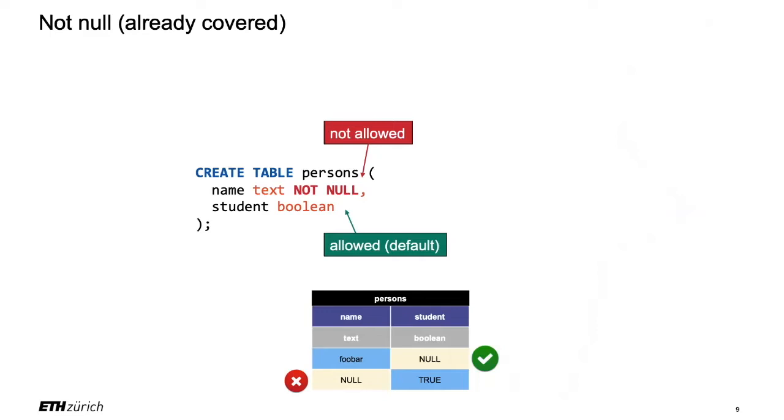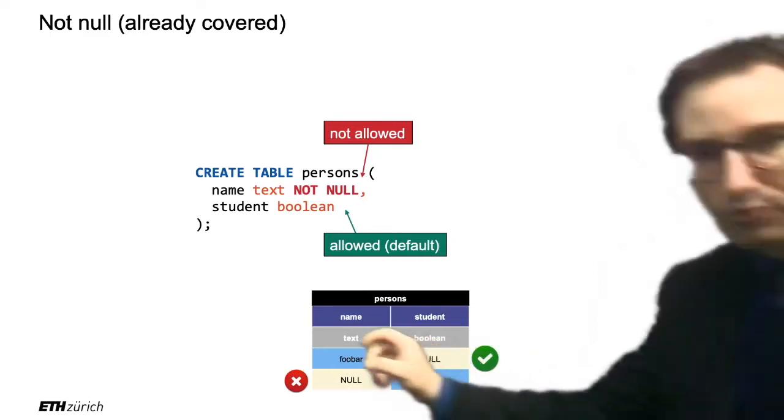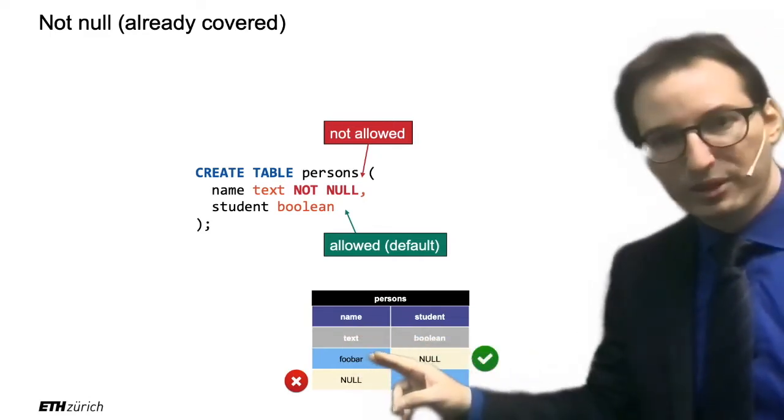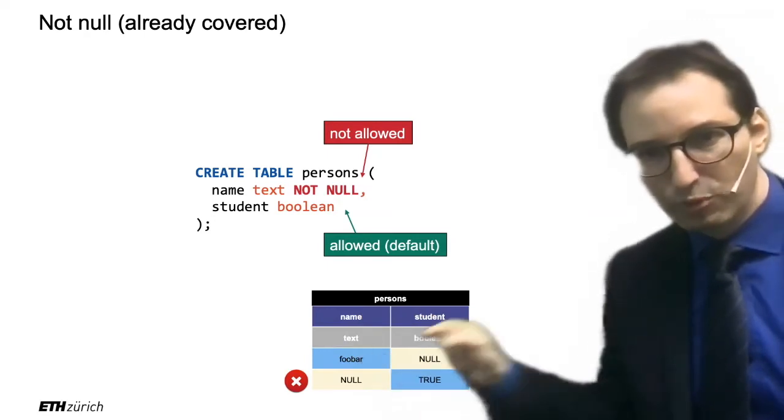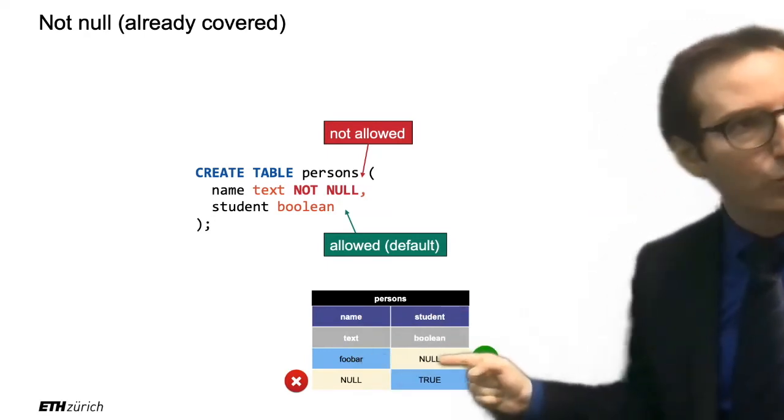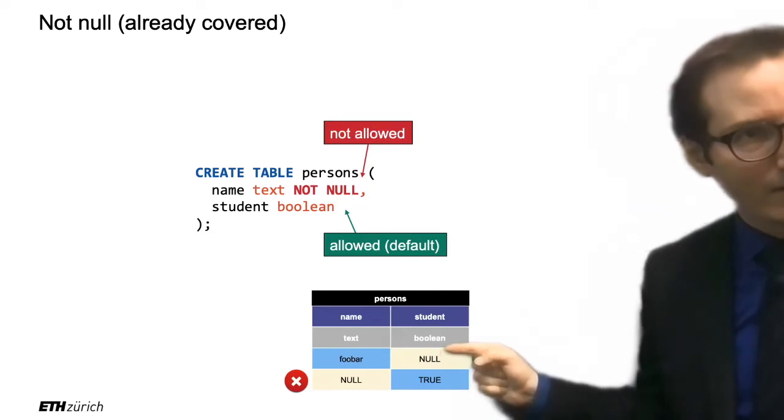So null is just a value, just like 1 or 2 or the string foo. Null is another value. If you do that, then these same records that we looked at right here with foobar and null, you would interpret that as mapping name to foobar and students to null, which would be a value belonging to the domain, right?